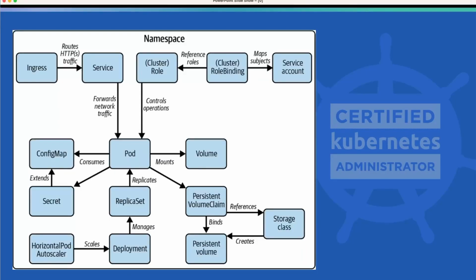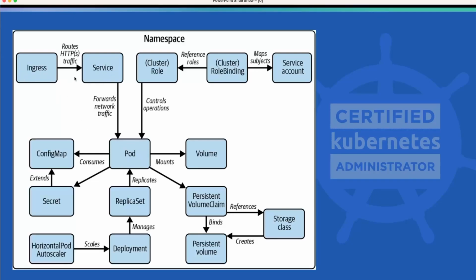So the main purpose of this exam is to test the practical knowledge of Kubernetes. You're expected to combine multiple concepts in a single problem. For example, you should know how the resources connect to each other.